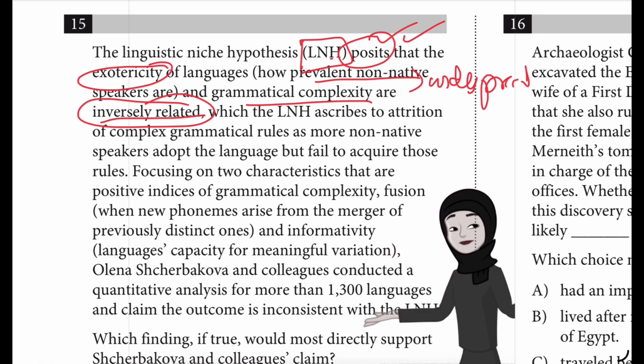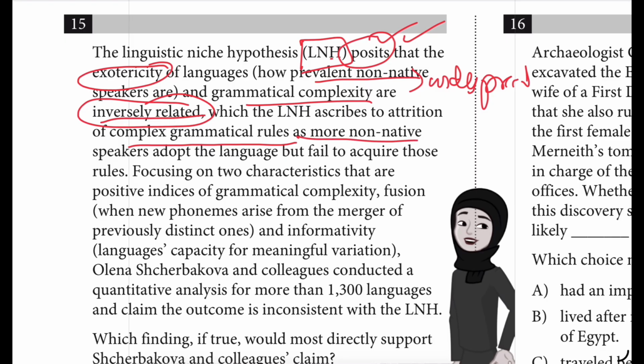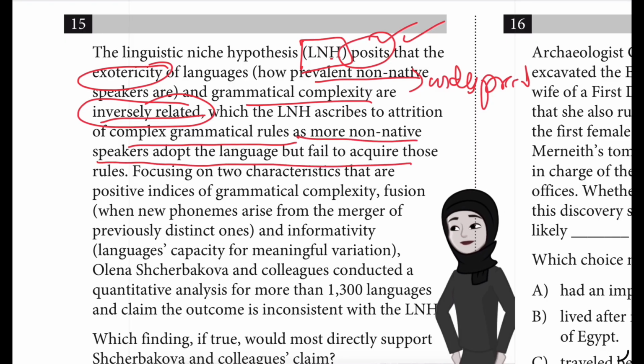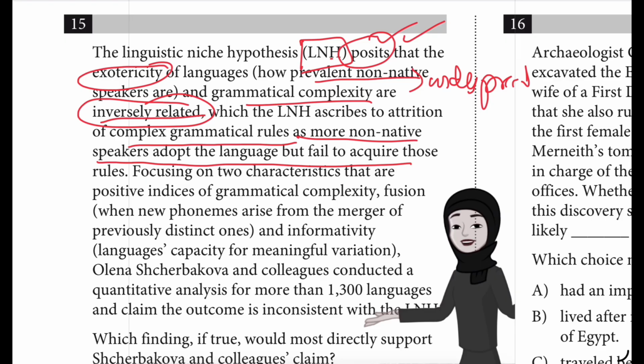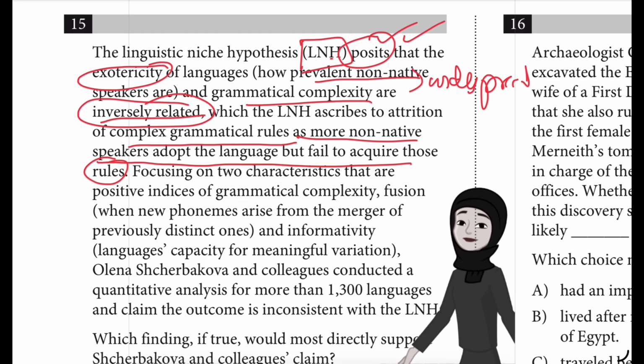Then, the LNH ascribes this to attrition of complex grammatical rules as more non-native speakers adopt the language but fail to acquire those rules. So many non-native speakers of any language will try to adopt the language, but they will not be able to apply the rules very effectively. That's what the LNH claims.